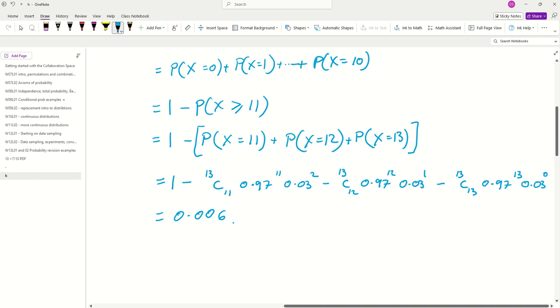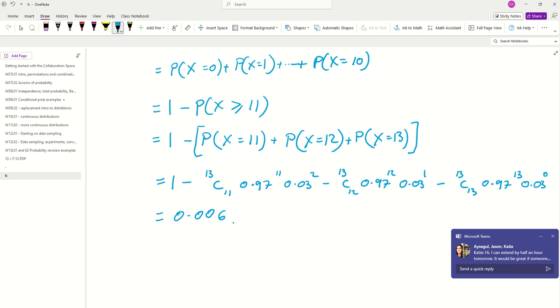So it's pretty unlikely that more than 2 viruses go undetected in a single day. That makes intuitive sense given that the probability of detecting a virus is 0.97, right? It's quite high.